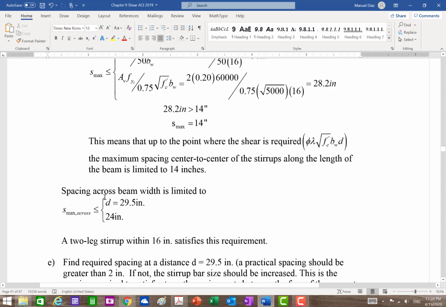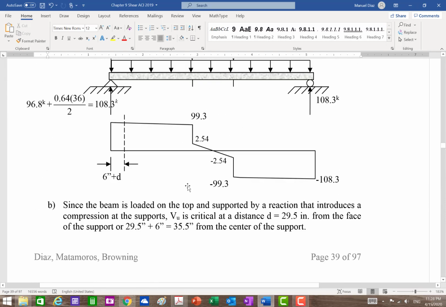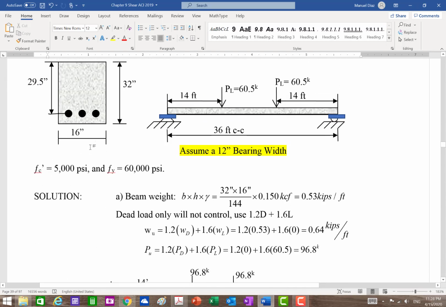Now, in terms of the spacing across the beam, we check, there are the two numbers. In this case, 24 controls, right? But because we have a width of 16, and my stirrups are going to be inside that, that satisfies the distance of 24.